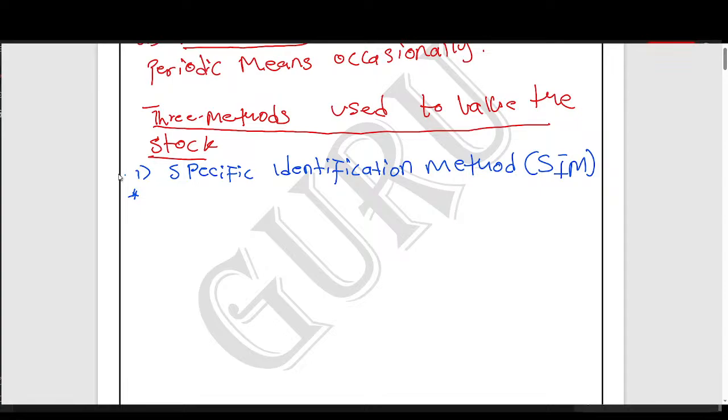Okay, so I just want to give you a little bit of information under specific identification so that we can move forward.